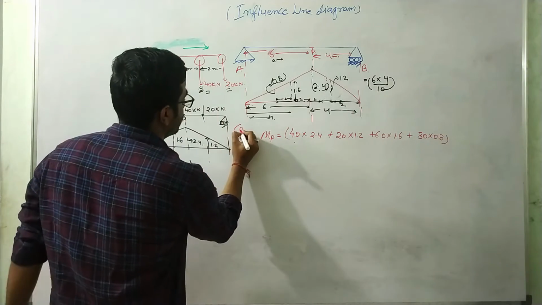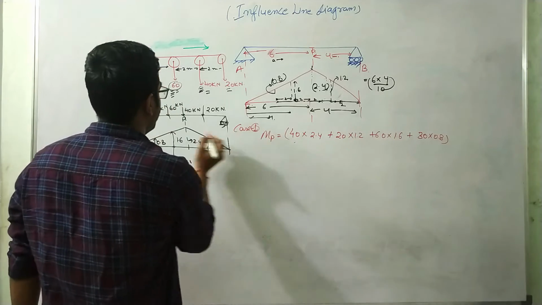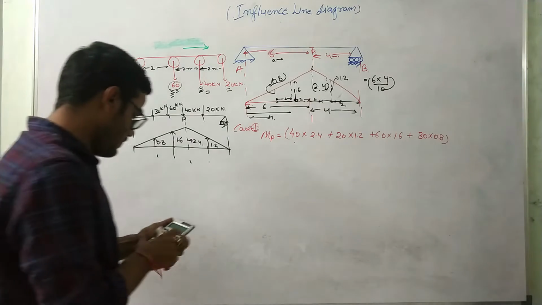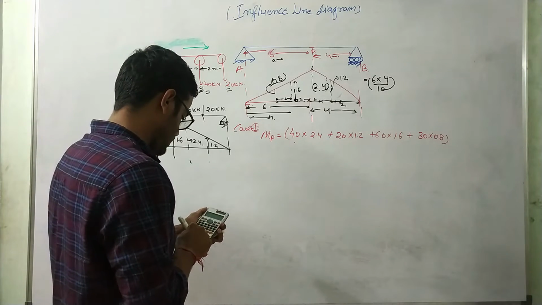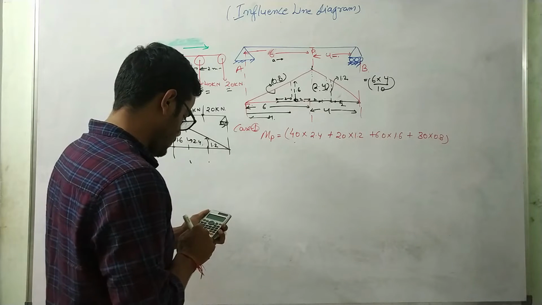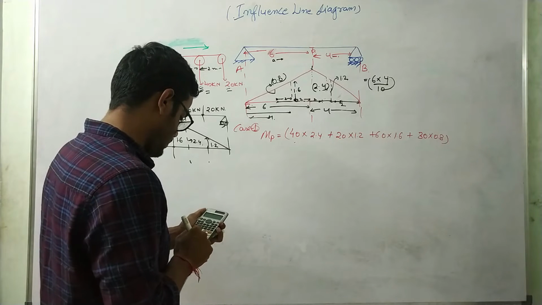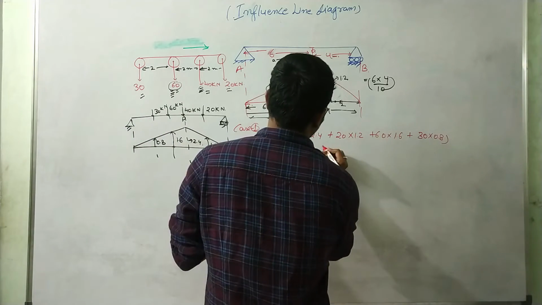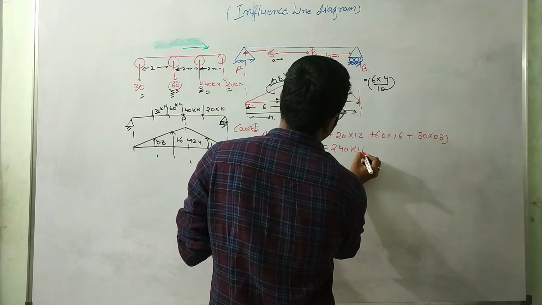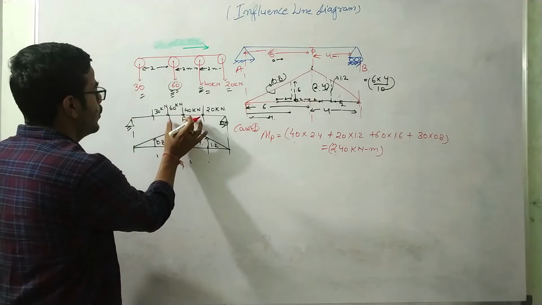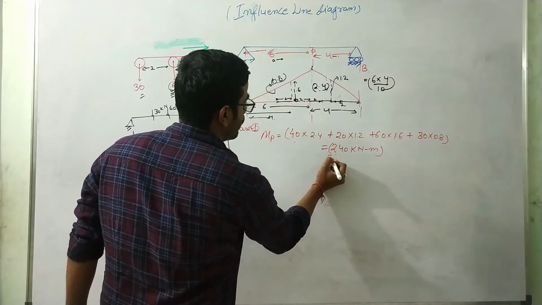This is for the first case, when the 40 kilonewton load is acting at point P. So if I calculate this value, it comes out to be 240 kilonewton meter. So the maximum value we are getting when the 40 kilonewton load is acting at the point P is 240 kilonewton meter.